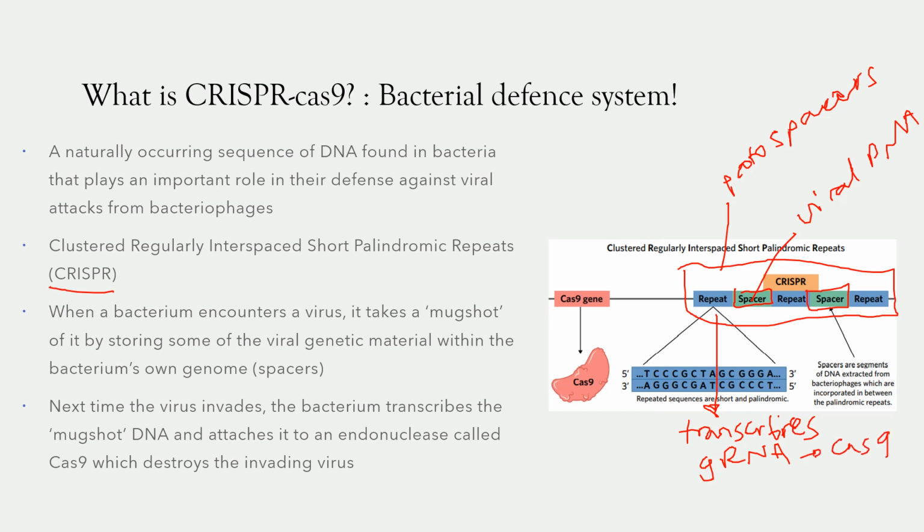Cas9 is an endonuclease, which we learned about in our last lesson, so it's going to go around and snip DNA. So how this works is this guide RNA attaches to Cas9, it guides it to the viral DNA, and when it encounters it, it will snip the viral DNA and destroy the virus. That's how it acts as an immune mechanism in bacteria.